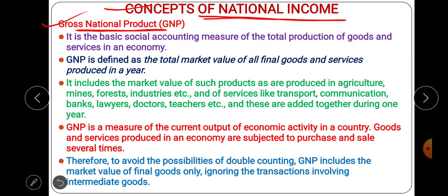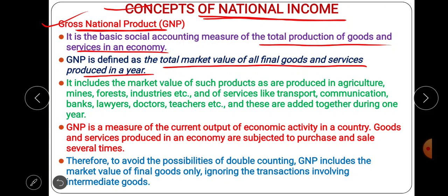It is the basic social accounting measure of the total production of goods and services in an economy. GNP is defined as the total market value of all final goods and services produced in a year in a particular economy or country.